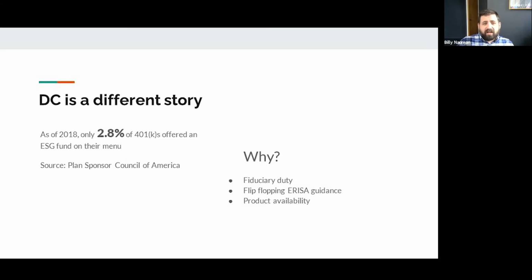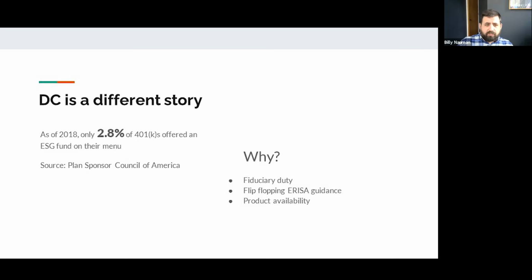To my knowledge, it hasn't actually been tested in court whether or not ESG investments are permissible in ERISA plans. But no one is really willing to stick their head above the parapet, because if you are putting ESG concerns above financial concerns, that would be a breach of fiduciary duty.